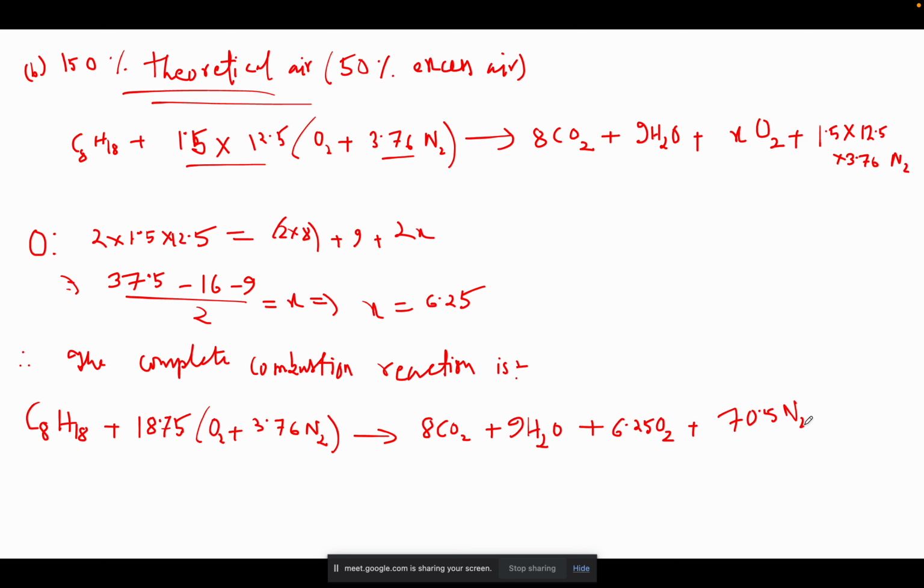Okay, so therefore air fuel ratio on molar basis. Okay, so this will be 18.75 into 1 plus 3.76 divided by 1.